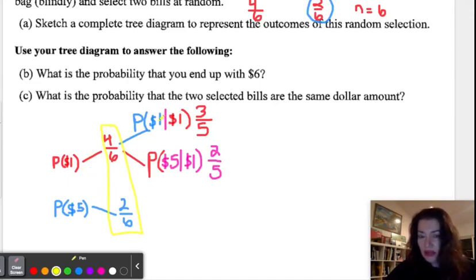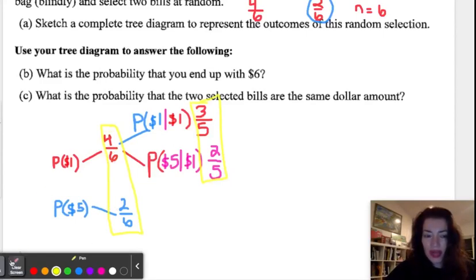And if you look at the above here, the next time I pick a bill, it could either be another $1 or it could be the first $5. And the total outcomes of that is 5 out of 5, which is 100%. So every time you're drawing a tree diagram, every set of branches is going to be mutually exclusive and it's going to add up to 100% of your outcomes.